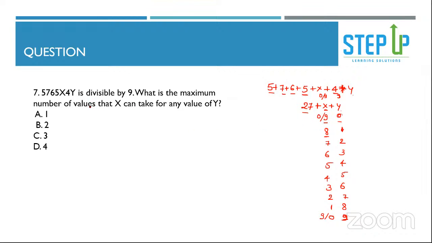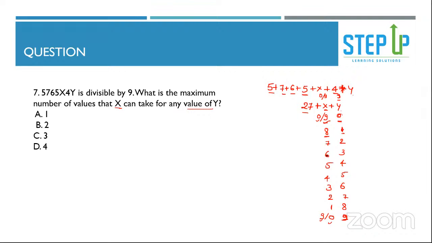So now you see their question: the number of values that x can take for any value of y. If you take 9, you can take 9 or 0. If you're taking 0, you can take 0 or 9. If you're taking 1, it is 8. For one value of y, you are able to take only one value. For 2, only 7.